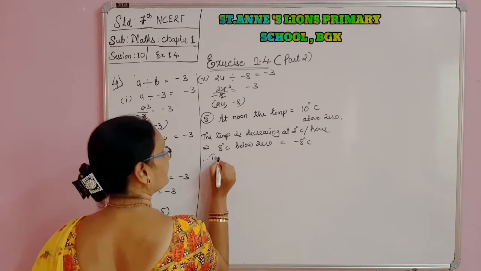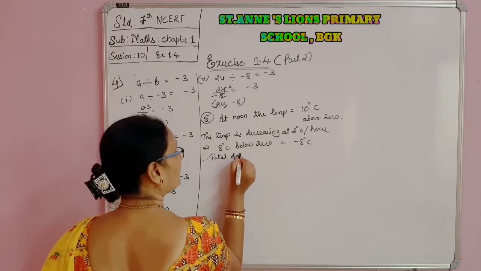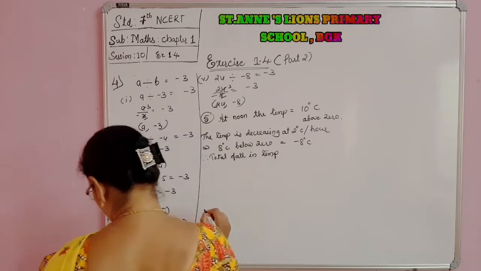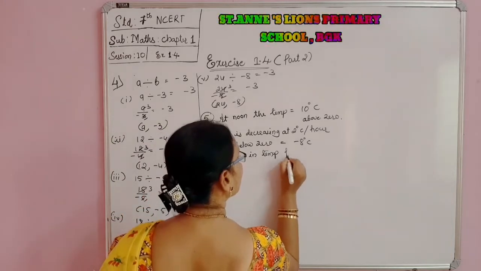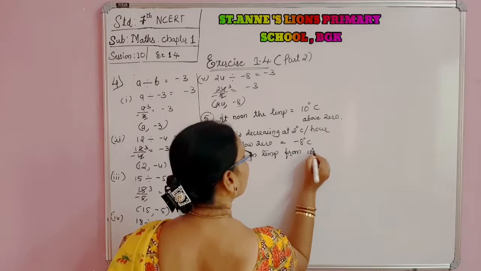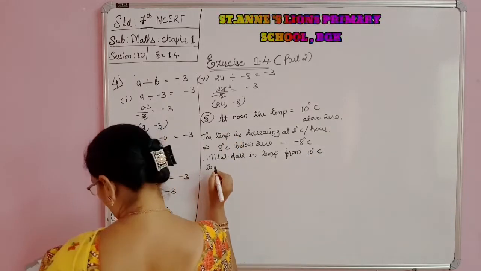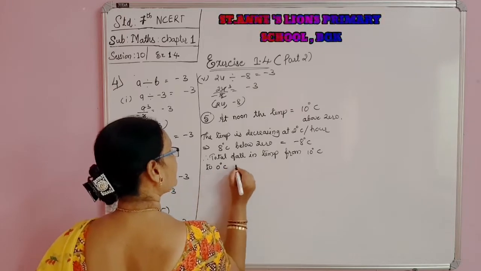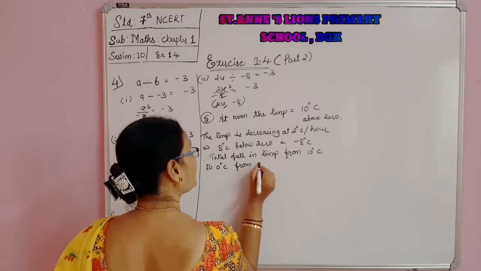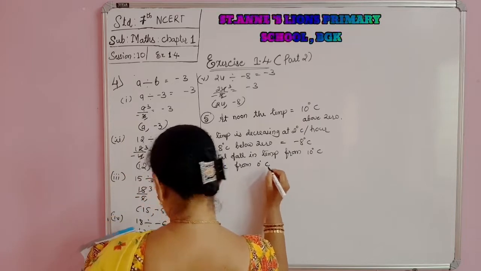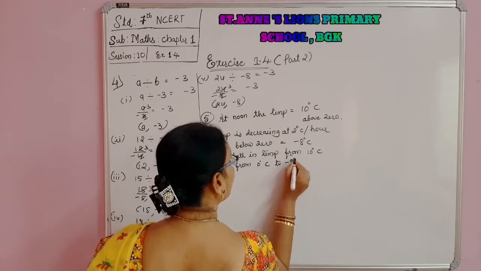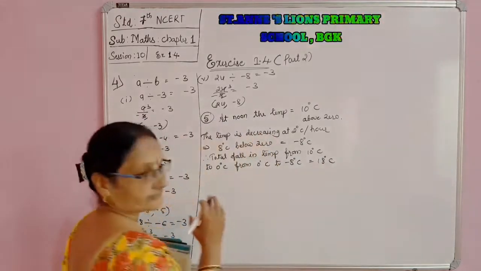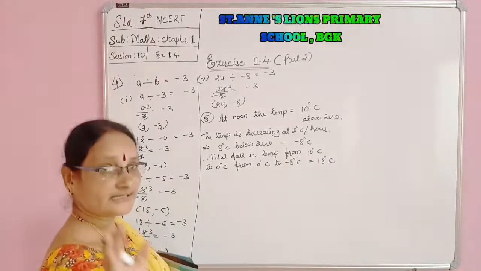Therefore, total fall in temperature from 10 degrees Celsius to 0 degrees Celsius, and from 0 degrees Celsius to minus 8 degrees Celsius is totally 18 degrees Celsius. Total decrease of the temperature is 18 degrees Celsius.